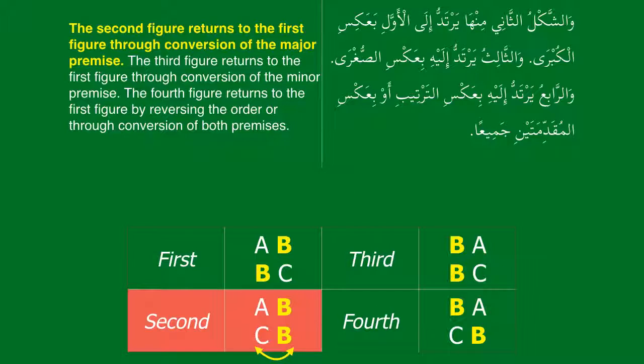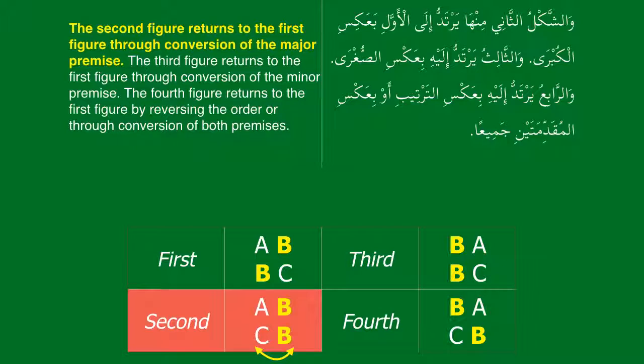So what the logicians do is they return each of the other figures to the first figure through the process of propositional conversion. And this is one of the reasons why propositional conversion is an important topic in the study of logic. So what do we do? We convert the second premise. What's the conversion? Conversion, if you remember, is you switch the subject and predicate while maintaining truth and maintaining quality.